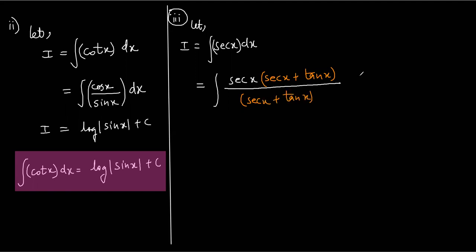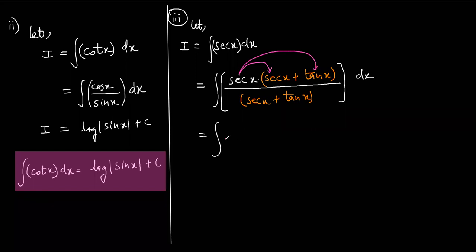So what have I done here, students? I had sec x. I multiplied sec x plus tan x with sec x, and I divided by sec x plus tan x, which is allowed because I'm dividing both. Next step, this will get sec x into sec x and sec x into tan x multiplied inside.